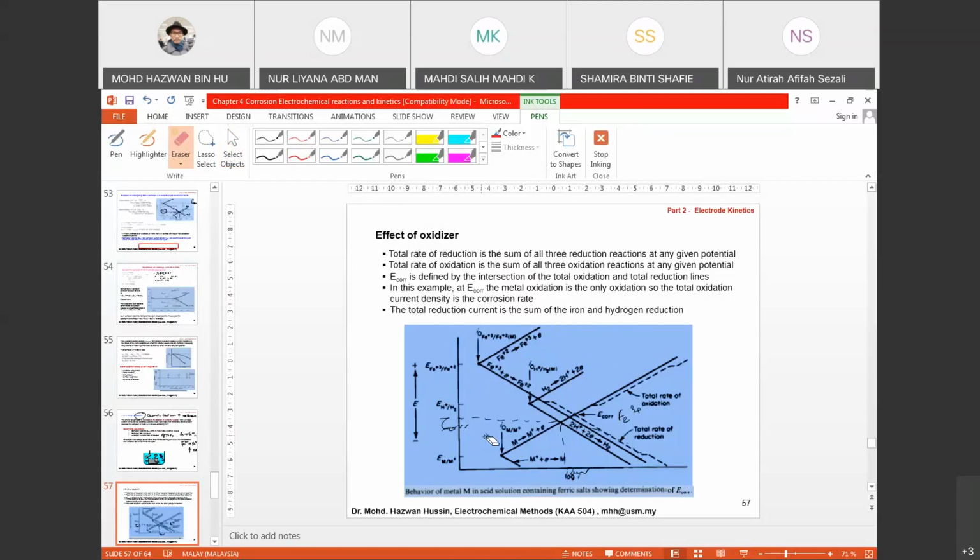You will notice that if, let's say, you didn't add any oxidizer, this is the Fe to Fe2+ curve, and this is your hydrogen. This is your zero potential value. You have one line over here, another line over here.